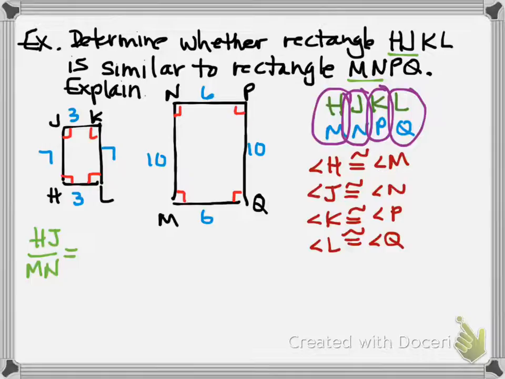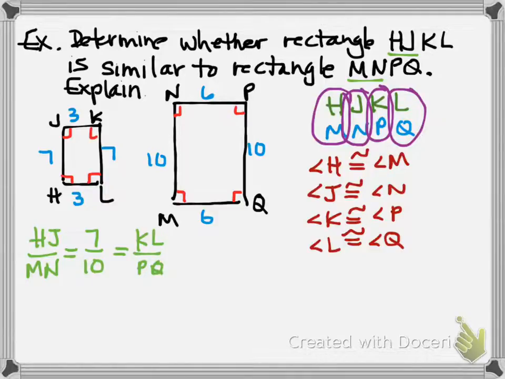So what's the length of HJ? 7. And what's the length of MN? 10. So we have 7 to 10. So that's the ratio. Do we have another set of sides with that same ratio? Yes. What sides would that be? KL and PQ. So we've got KL is 7 and PQ is 10. So that they would be the same.